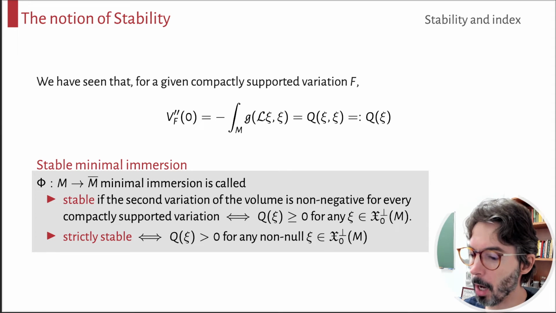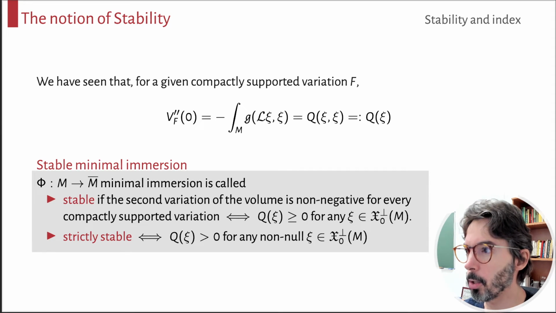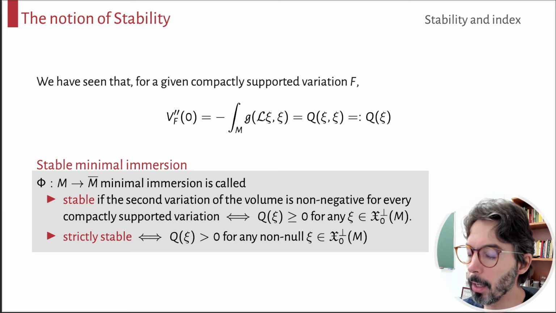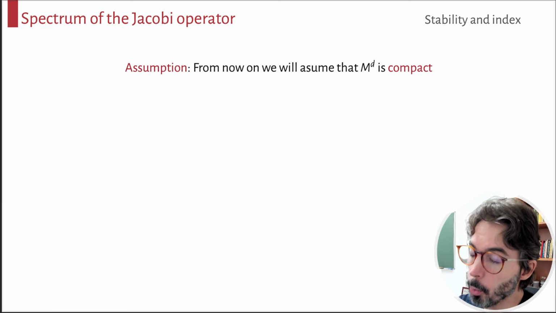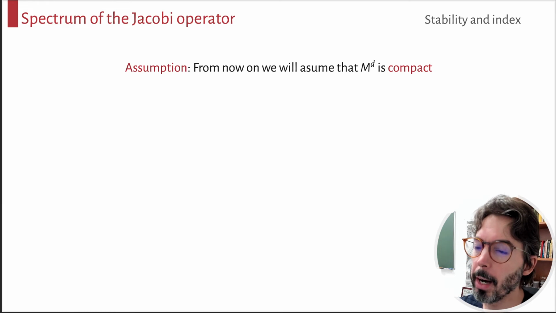Okay, so our main focus of this lecture is to study, or try to study, stable compact minimal surfaces. So from now on, we will assume that our manifold is compact.